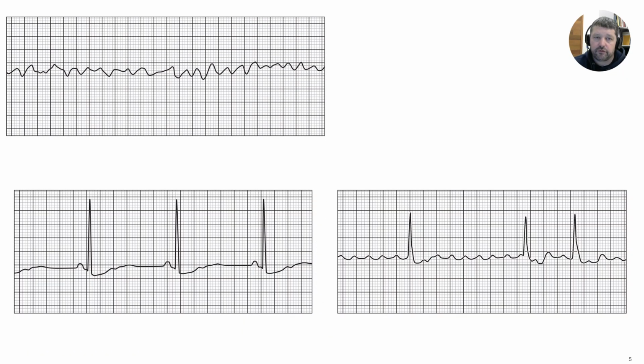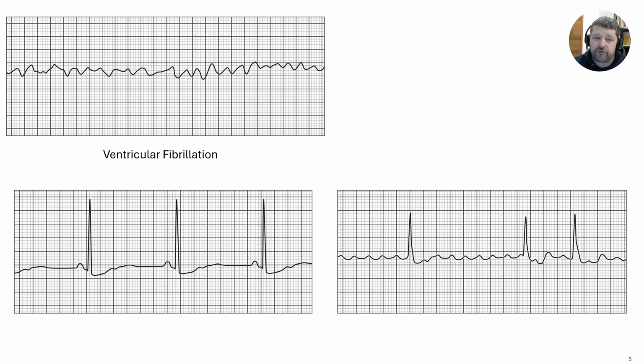So first, let's look at this one. This is an example of ventricular fibrillation. You can see that the ventricles, your QRS, they're not there. So you get maybe a P wave and you get a little bounce, maybe another P wave.